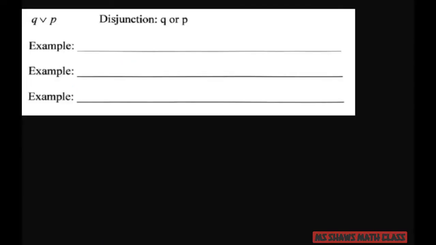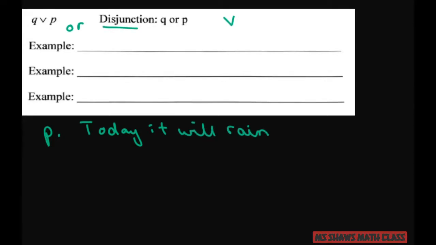All right. A disjunction, Q or P, would be an or statement. So disjunction looks like that. And so we're going to assume P is today it will rain, and our Q would be, tomorrow it will be Monday.